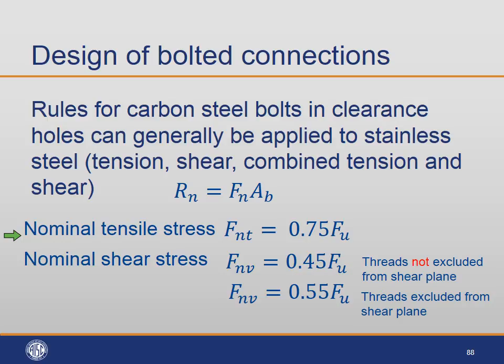The expression for the nominal tensile strength is 75% of Fu, where Fu is the specified tensile strength given in the ASTM that you're using the bolts from. Fnv is the nominal shear stress. And as with carbon steel, we have two expressions with the threads not excluded and the threads excluded.